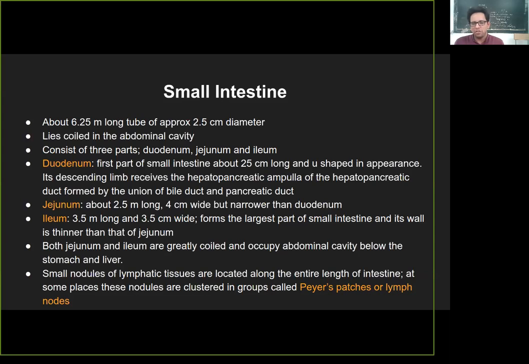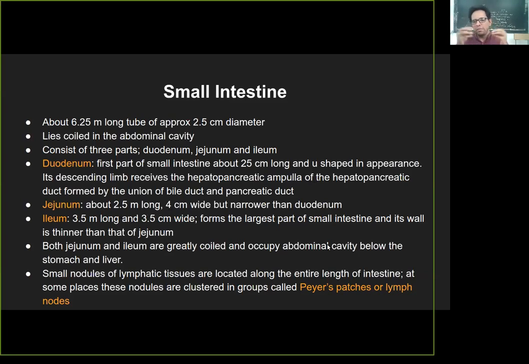In case of jejunum, it is 2.5 meter long, so almost half of the total length, not exactly, but yeah. Jejunum is 2.5 meter long and 4 centimeter wide. 4 centimeter is almost 1.5 inch, and it is wider than the duodenum. So obviously the duodenum has the lesser diameter and jejunum has the higher.